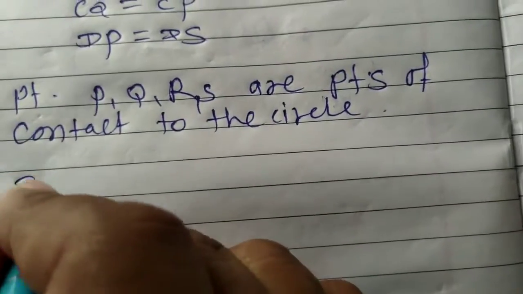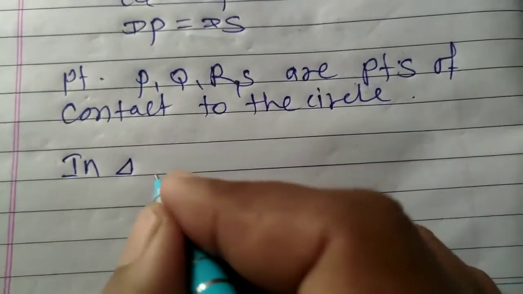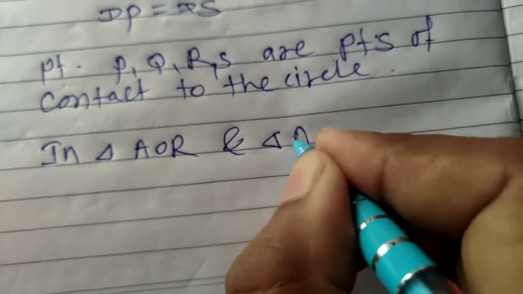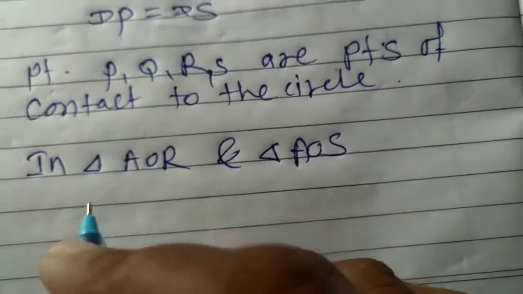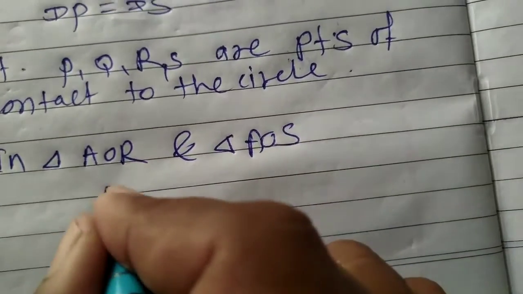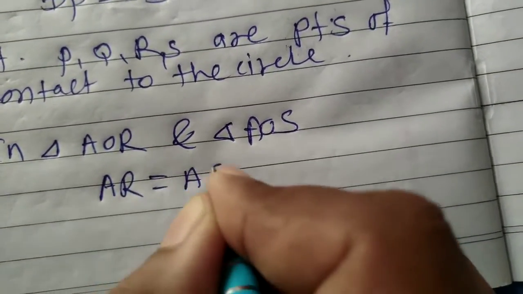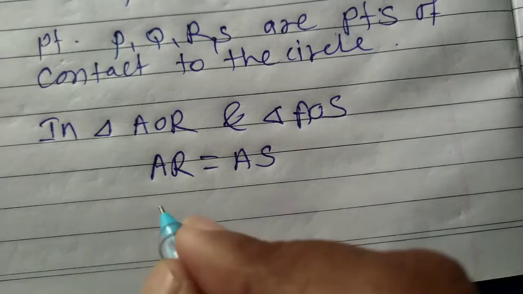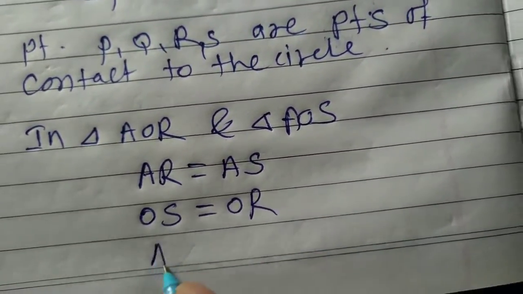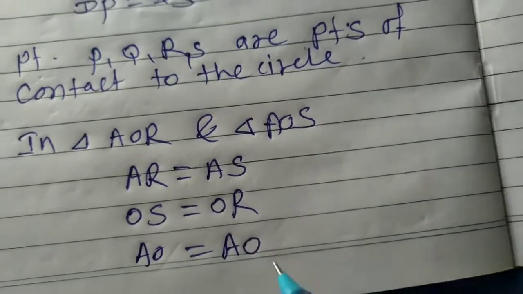Write down that in triangle AOR and triangle AOS, AR equals AS, OS equals OR, and AO equals AO.